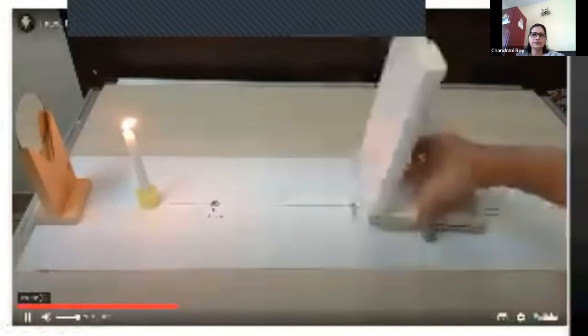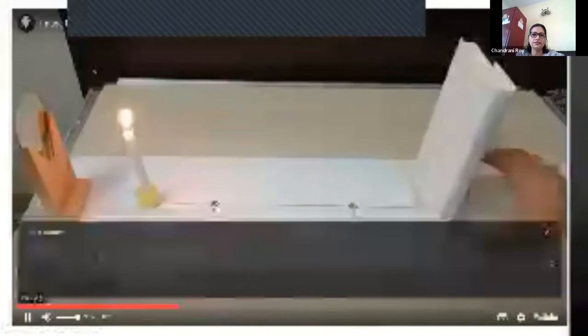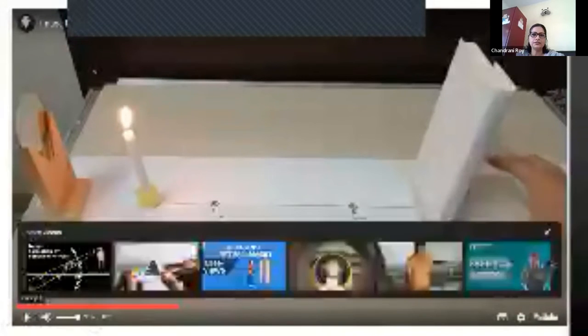The textbook talks of the candle when it is kept very close to the spherical mirror, then what kind of an image do we see? So we know that it is between pole and focus. Children don't know that, but we can just tell them the position is very close to the spherical mirror.